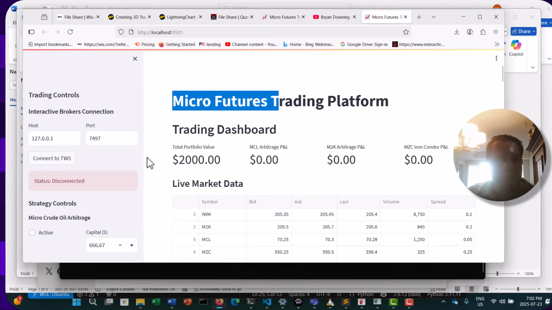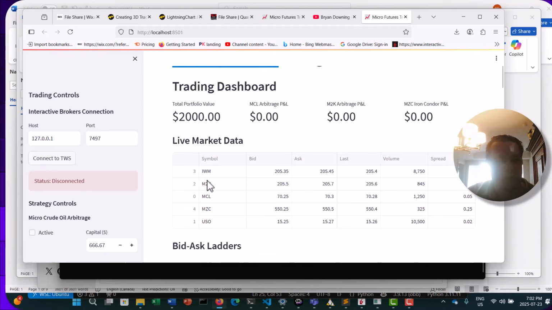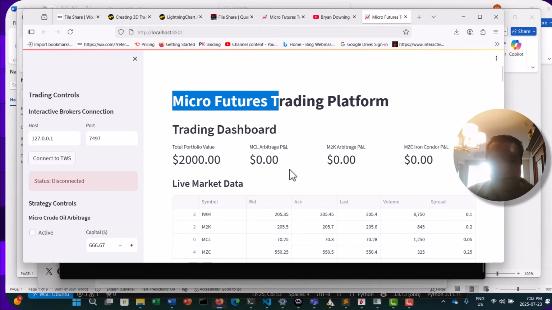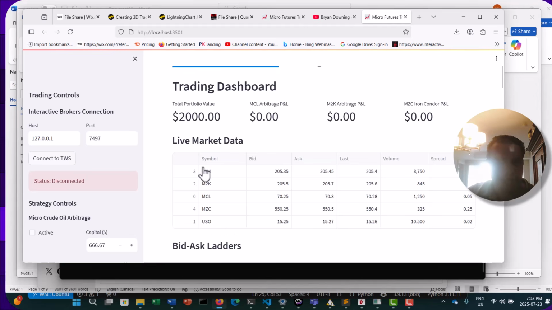Okay, so this is now including, let's see here. Yeah, so we have here the different micro markets. So we have MCL oil, MZC, which is the corn, and then if I wanted the M2K. So you can see here I've got all these different ETFs if I want them as well.